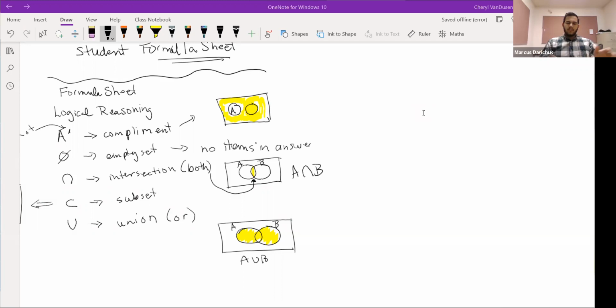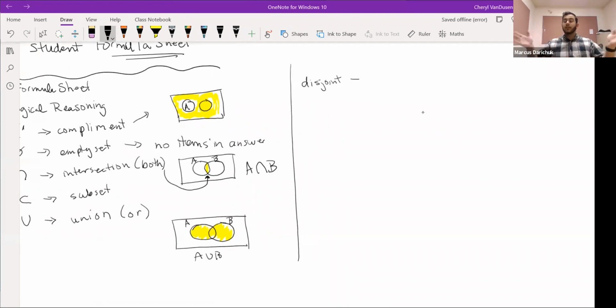A disjoint set is a set that has no relation to another. For example, what are your favorite fruits and what are your favorite vegetables? You're not going to have a crossover because they're two different things. Good. Another way to put it is mutually exclusive. Oh, look at him. We hadn't got that far. Very good.